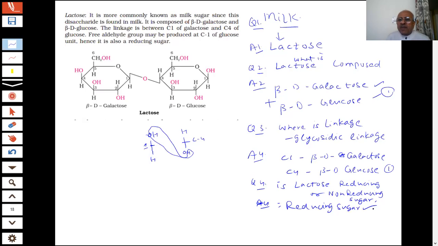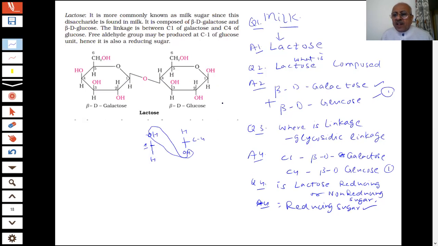You have to tell it in the paper, and you will get 1 mark for that. The reason is because the linkage is at C4 and C1. C1 is the CHO group, and here the linkage is at C4 in the second molecule. In the glucose, the CHO group is at number 1, so that is free. That will be free, students.